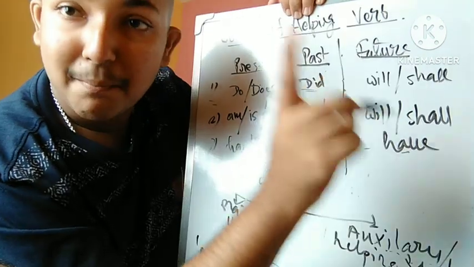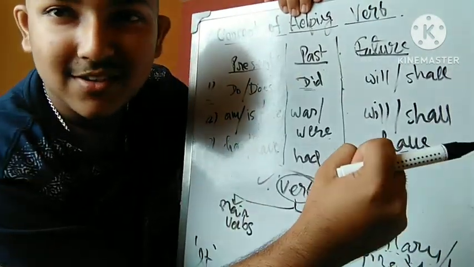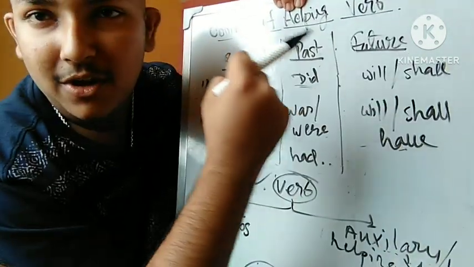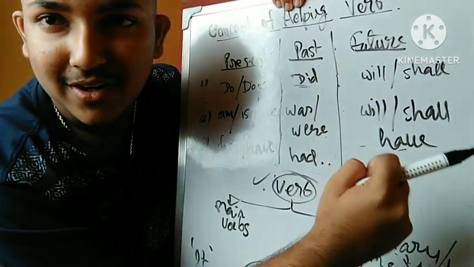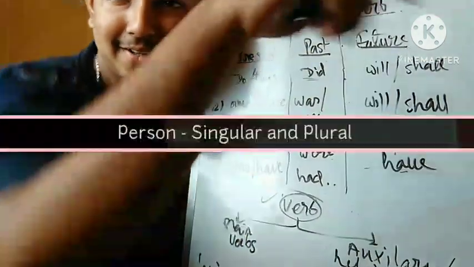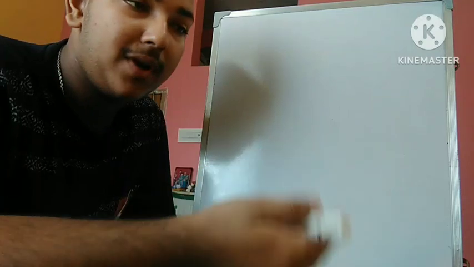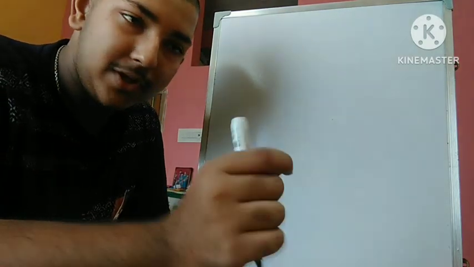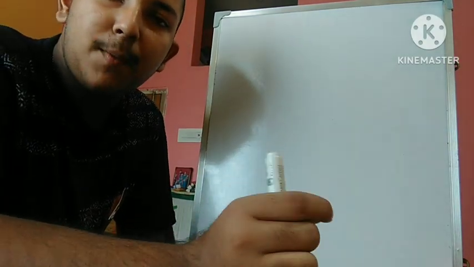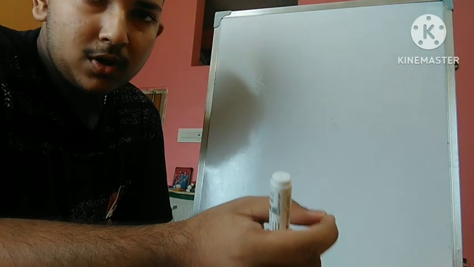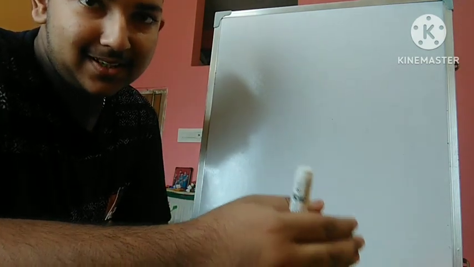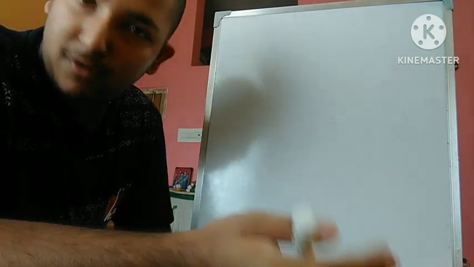Now we are getting to the main topic, the main formulas that can concrete our concept. So let's move into that. Before getting to the formulas of all the tenses, we have to learn about a very small topic which is going to help us in learning the formulas.